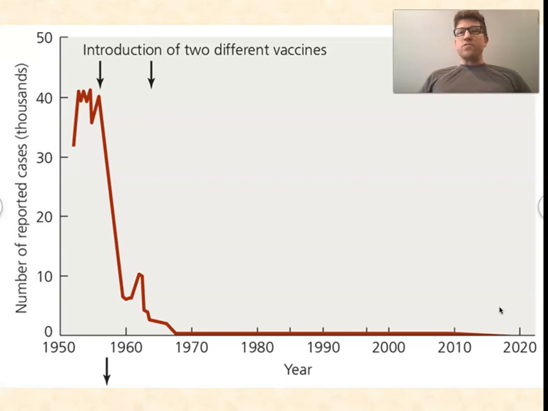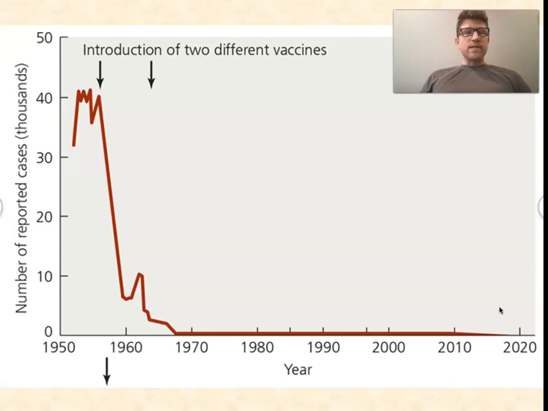This is polio. And what you can see starting in around 1950 up until about the present time, the first polio vaccine was introduced by Jonas Salk in 1955. That's the first arrow. And you can see a dramatic drop from the time that first polio vaccine came around to the time the second vaccine came around, the Sabin vaccine 6 years later, which was an oral vaccine, and that's because it's so much easier to distribute.